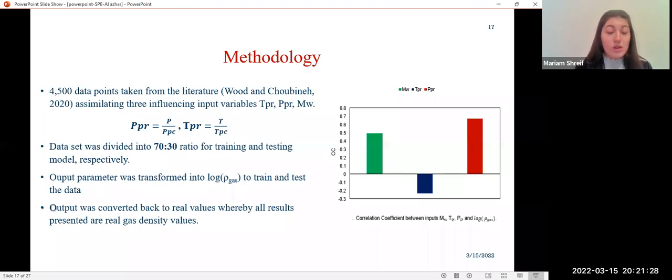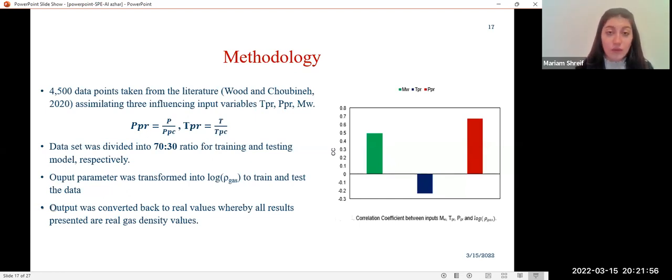The data set was made up of 4,500 data points representing the three influencing parameters. The pseudo-reduced pressure is equal to the pressure over the pseudo-critical pressure, and similarly for the pseudo-reduced temperature. The data set was divided into a 70 to 30% ratio.